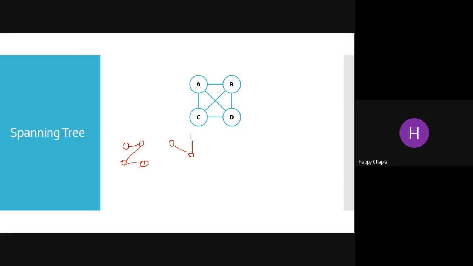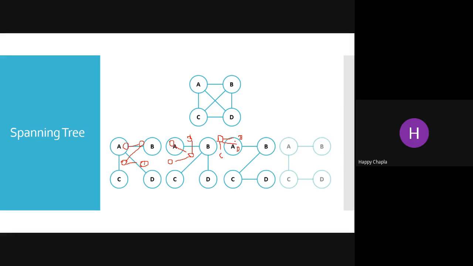D to B, and D to C. Okay, another one like A to C, A to D, A to B. We have already visited every node, and there is no cycle. So possible spanning trees are something like this.